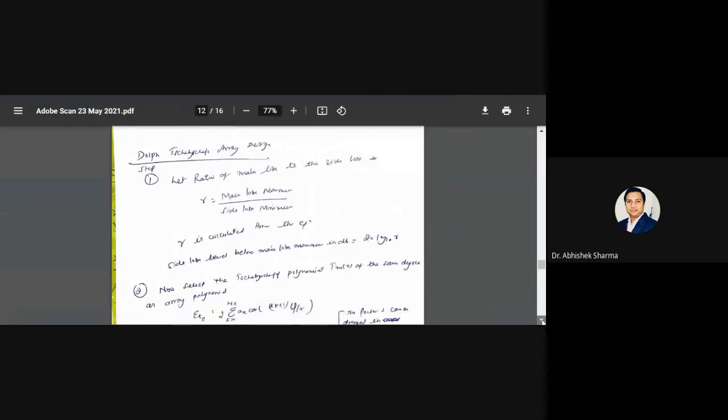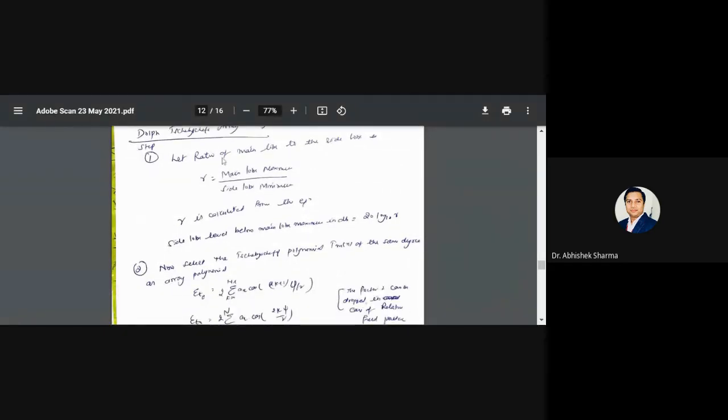So in the first step, the ratio of main lobe to the side lobe is calculated, that we call R. R is main lobe maximum divided by side lobe minimum.